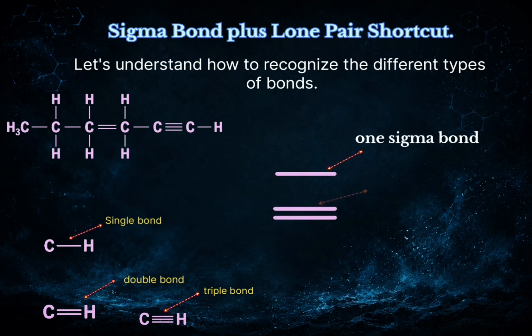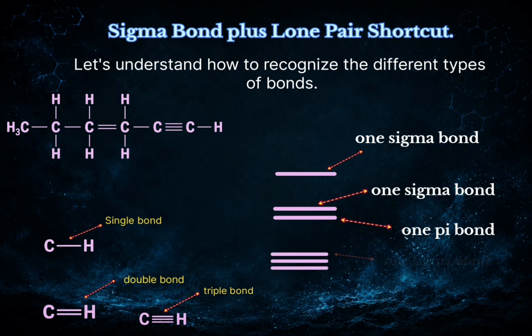A double bond contains one sigma bond and one pi bond. The first bond is always the sigma bond, and the second bond is the pi bond. A triple bond contains one sigma bond and two pi bonds. Again, the first bond is always the sigma bond, while the second and third bonds are pi bonds.